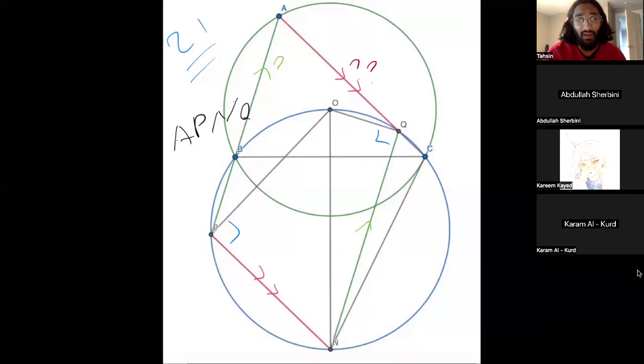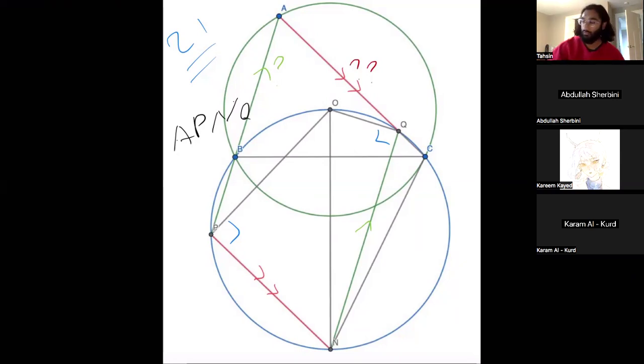Okay, any ideas how we can proceed? How do we show that something is a parallelogram? Maybe you can make an alternate angle or something. Yeah, great.